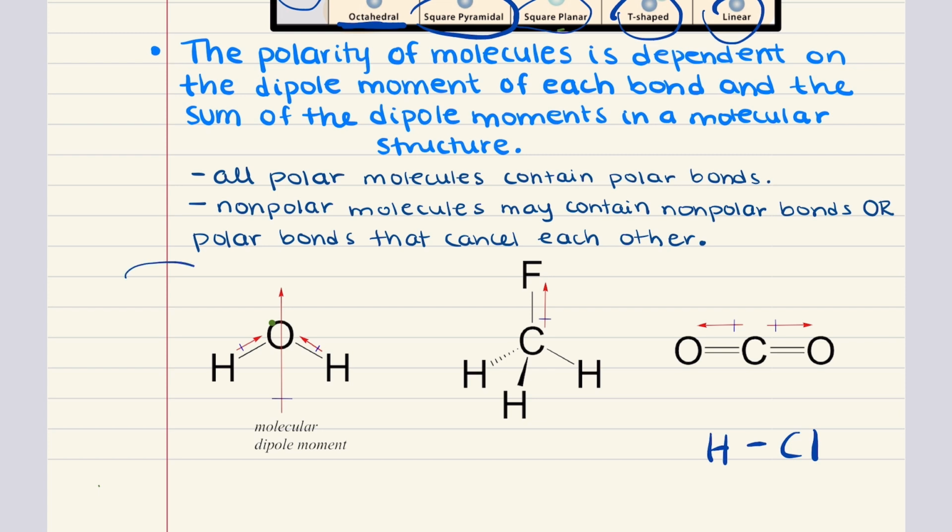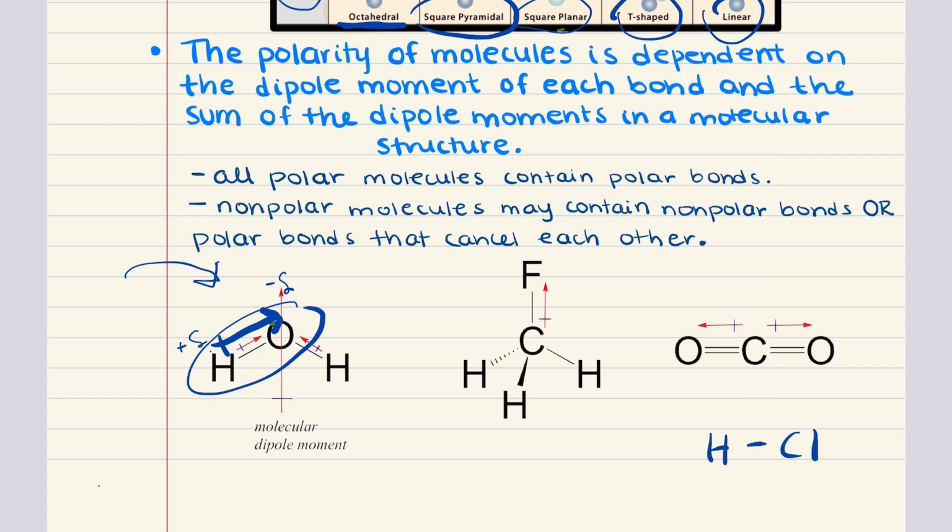So for example, if we look at water, the OH bond that you see here in water is polar because oxygen is more electronegative than hydrogen. And so for this one bond, we can draw a bond dipole. The arrow points towards the more electronegative atom, so towards oxygen, all right? And that results in a partial negative charge on the oxygen, partial positive charge on the hydrogen.